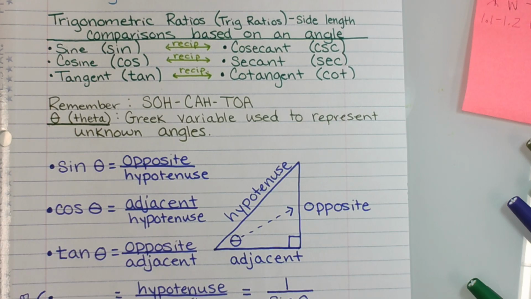And then in their pairings, only one in a pair will have co in it. Sine needs to go with something that has a co in it because sine didn't have co in front of it. The only new one that has co on it that's not tangent, because tangent and cotangent go together, is cosecant. Cosine already has a co in front of it, so it needs to go with one that doesn't have a co. The only new one without co, secant.